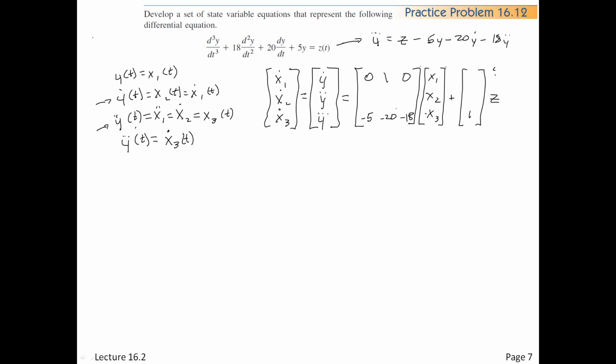Y double dot is equal to x3, so that's going to be 0, 0, 1. There are no z terms involved there, so there's our A. In terms of the model, this is our A, this is our B, and what about C?